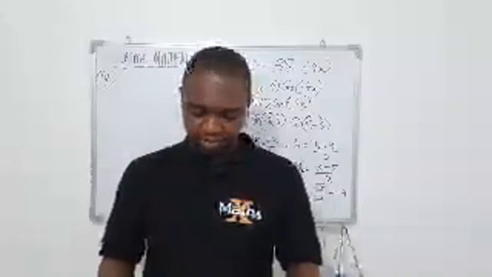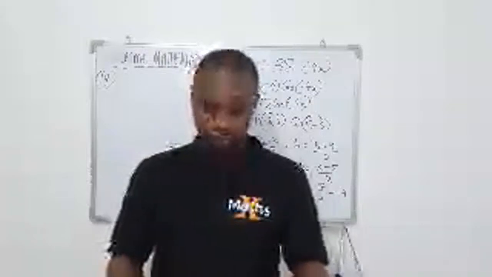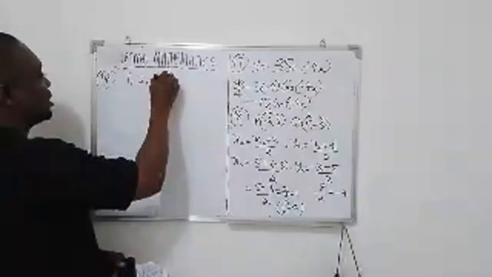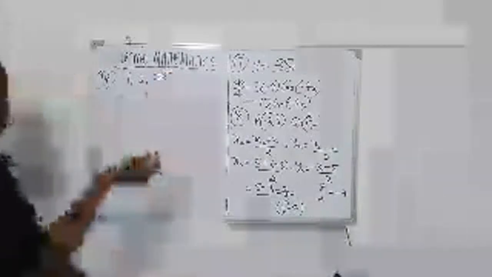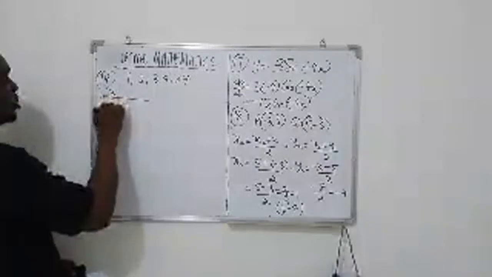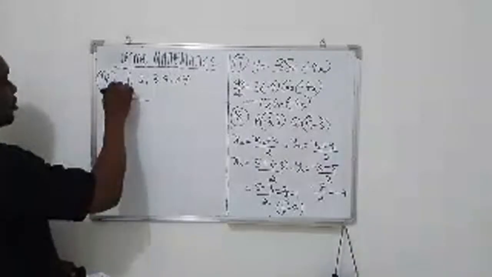Find the mean deviation of 1, 2, 3, and 4. So let's put up a small table. For values of x, this is 1, 2, 3, and 4.